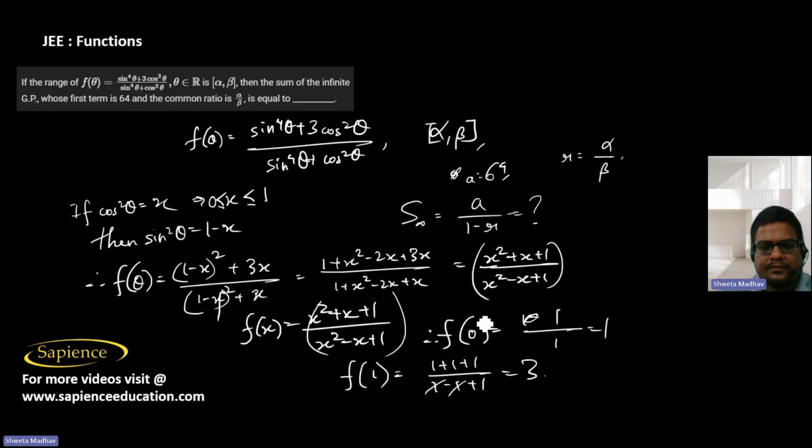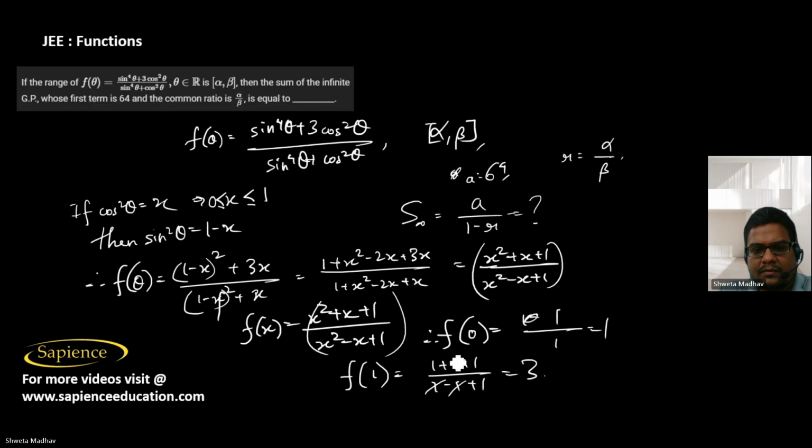Therefore the range is 1 to 3. So therefore alpha is 1 and beta is 3.